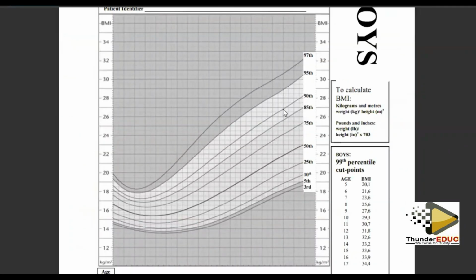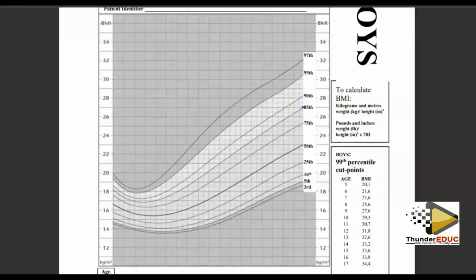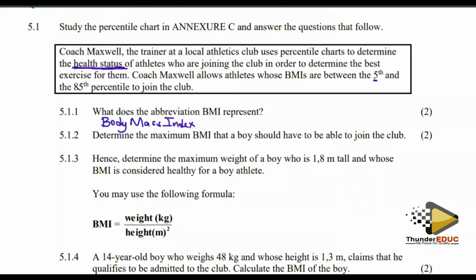So the maximum here, so this will be the maximum BMI, but it's in between 26 and 28. So this line here, it's going to be the 27. So we shall say it's 27 kilograms per meter squared.